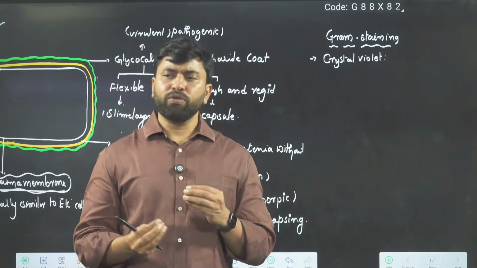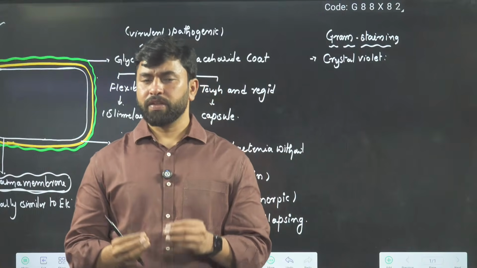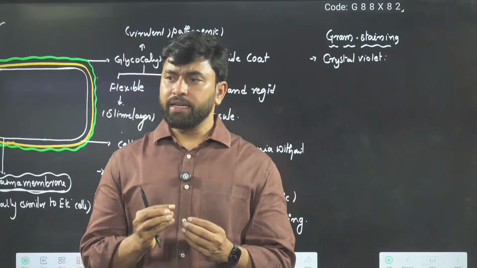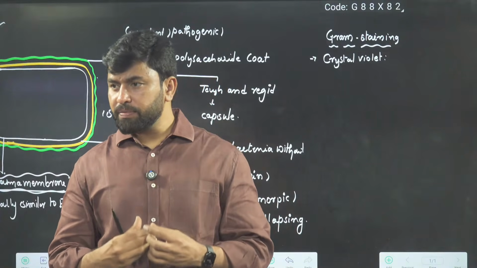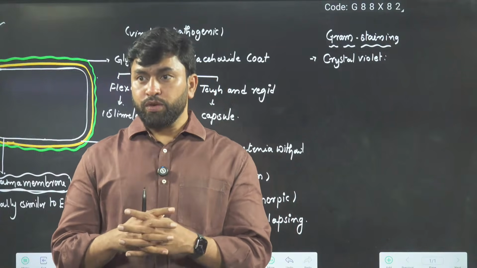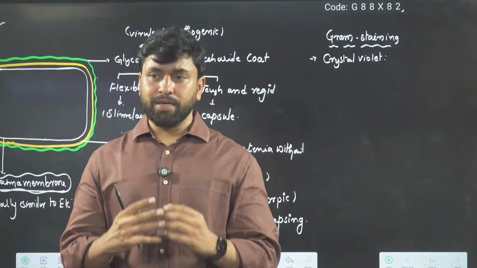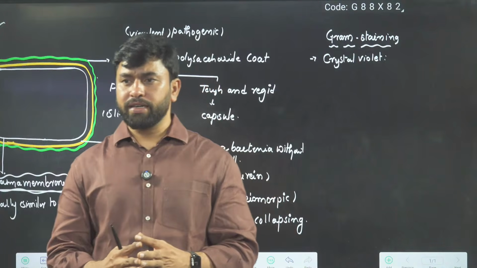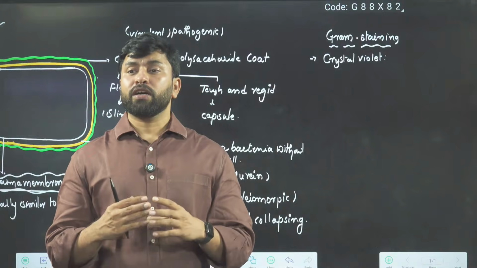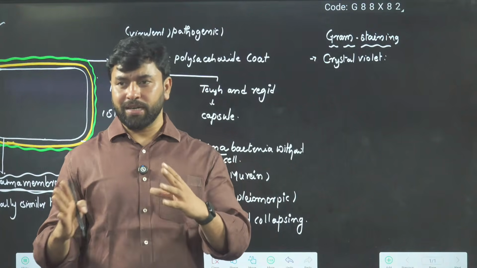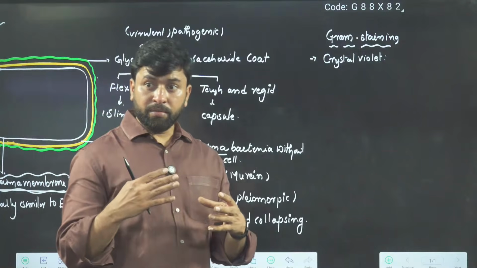He took a few drops of crystal violet and added them on the top of bacteria. Some bacteria absorbed this color. Some bacteria couldn't absorb the color. The bacteria which absorbed the crystal violet color, he named gram positive bacteria. Some bacteria couldn't absorb the color and he named them gram negative.